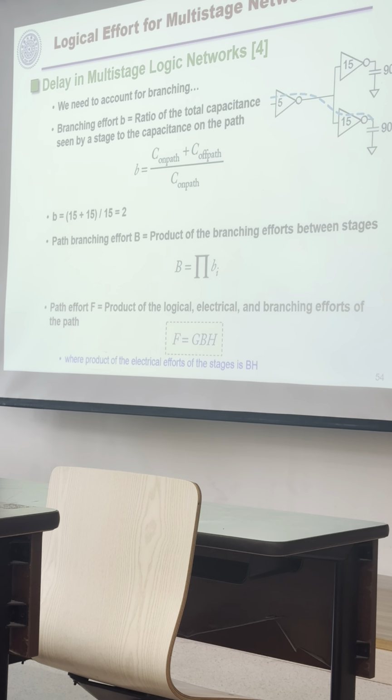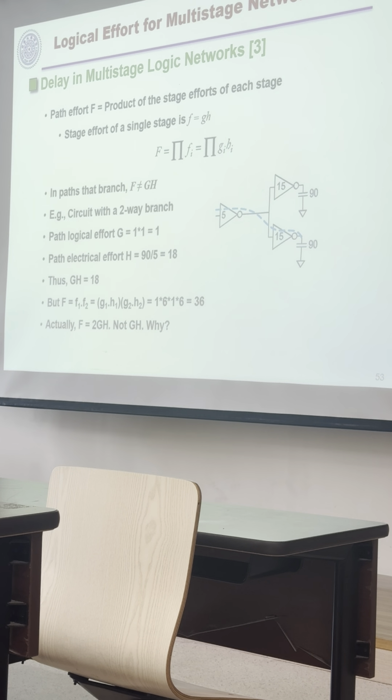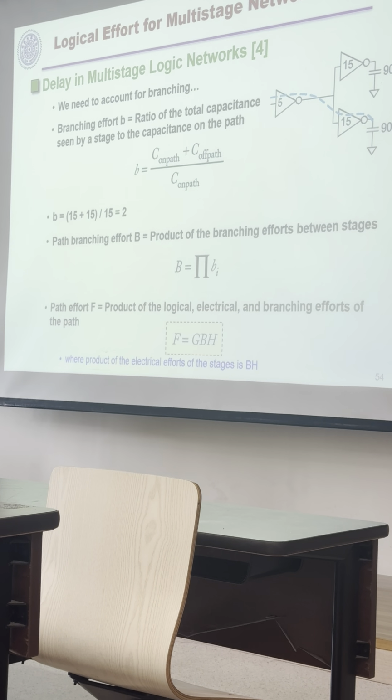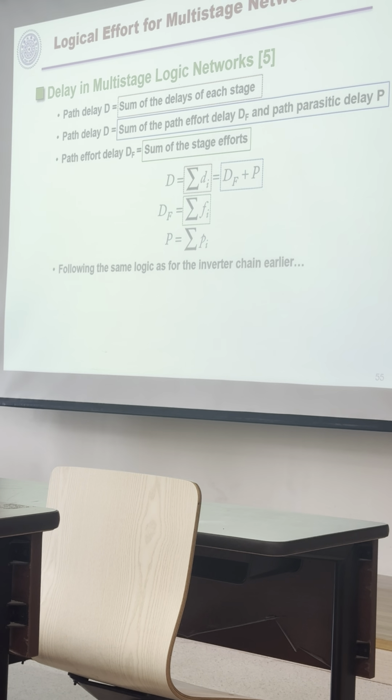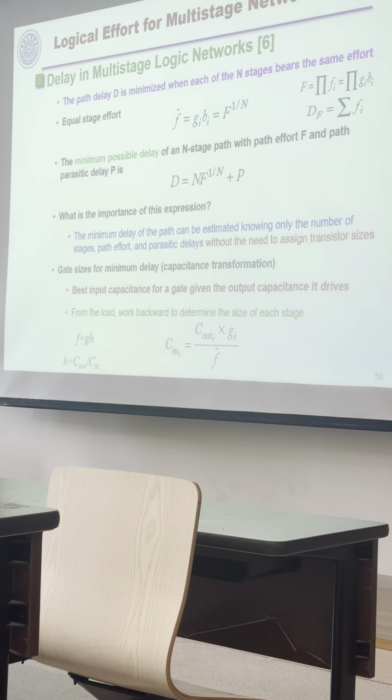You can calculate one several times to make sure you get this skill. This is the branch. You have two branches, so you need to include this one. This is the GBH here. And this one is also included in the table provided to you, showing how to calculate the delay once you get all the things.